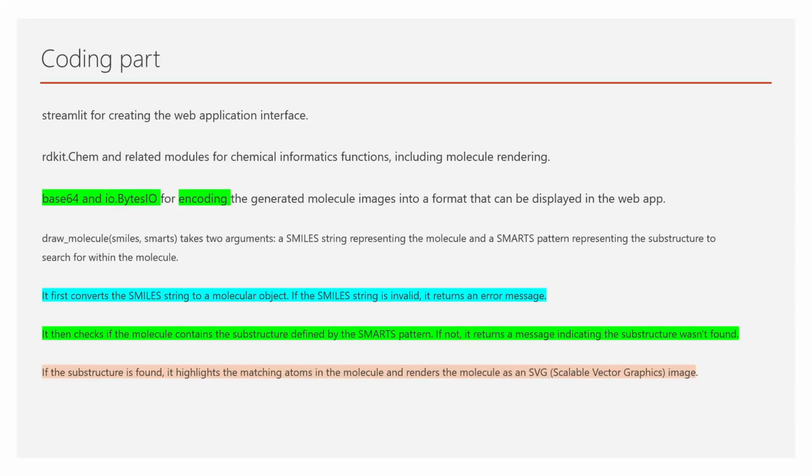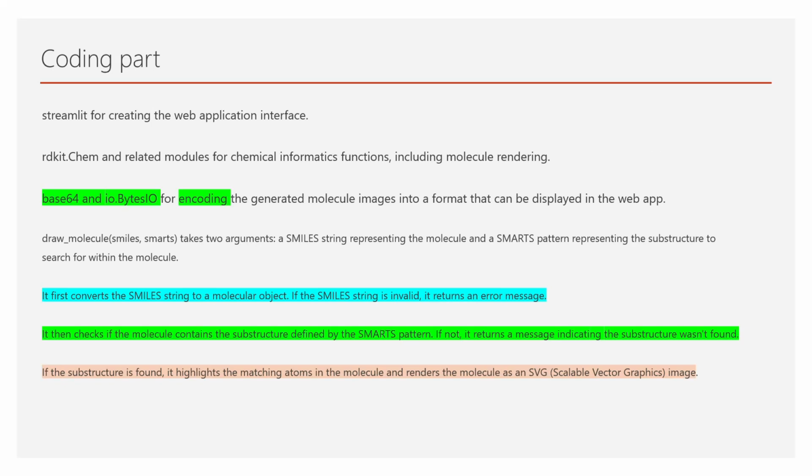So in the coding part, we have used Python as the programming language of choice. Our visual web app application, we are making it minimal. We are using Streamlit for creating the web application interface, and RDKit for doing all the manipulation in terms of chemistry.